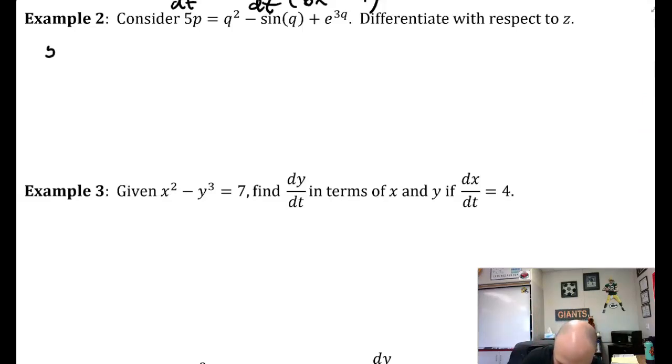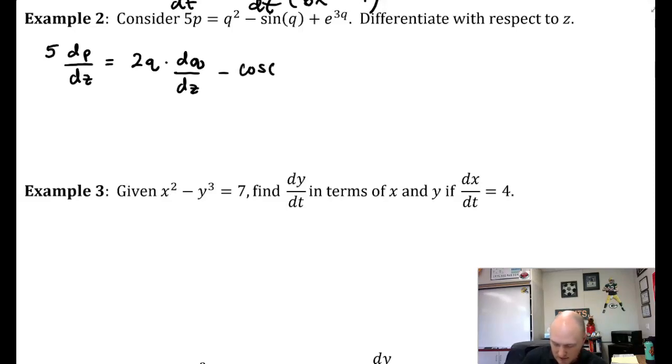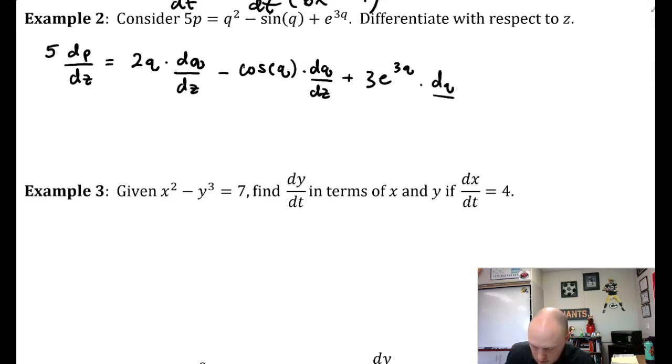So this is 5 dp dz, which is equal to 2q times dq dz, minus, the derivative of sine is cosine, so cosine of q times dq dz, plus the derivative of e to the power of 3q, which is e to the power of 3q times the derivative of the power, which is 3, times dq dz. Okay, so there it is.